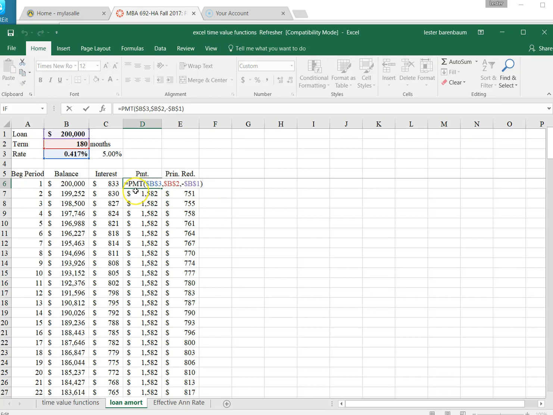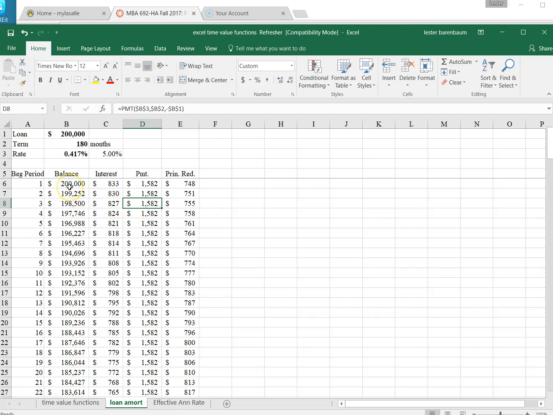Using the payment function from the previous tab, B3 is a rate, the monthly rate, B2, the number of time periods, and minus B1, the loan amount. The resulting payment is $1,582, and that's just copied down.